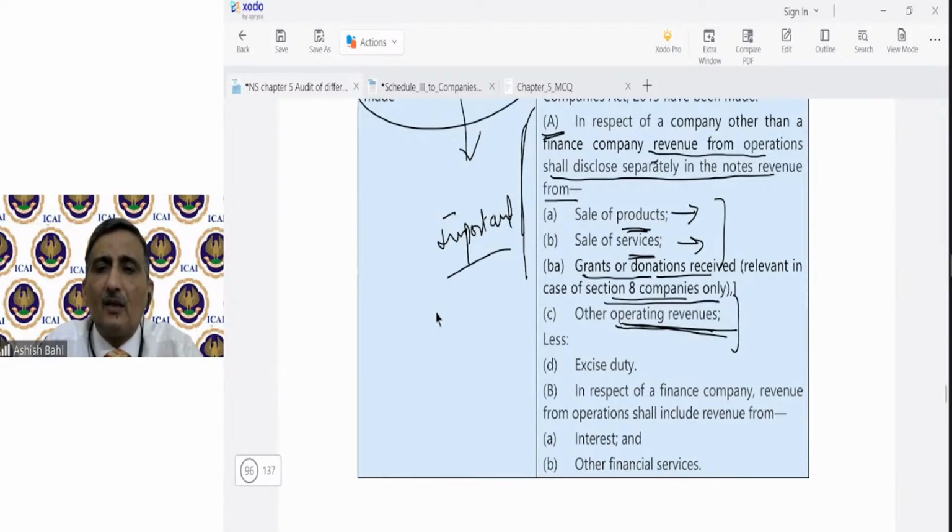This is not so relevant now after the introduction of GST, because excise duty is now on very few products. So in case sales are inclusive of excise duty, then excise duty has to be shown separately after reducing it.